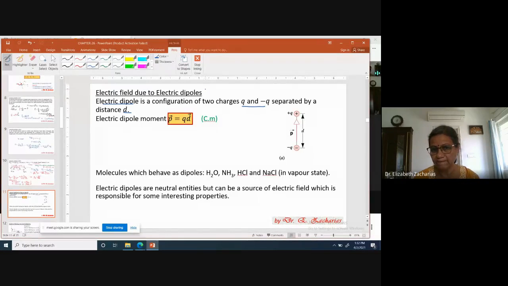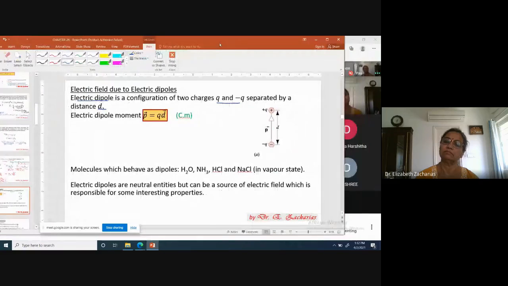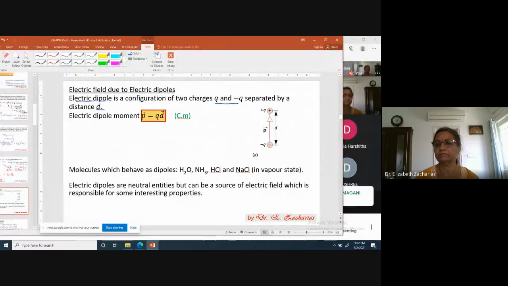Where did you hear that? Anyone? Anyone has heard this term electric dipole? No one? Yeah, where did you hear it? Have you heard this in chemistry? Dipole. Water is a dipole.